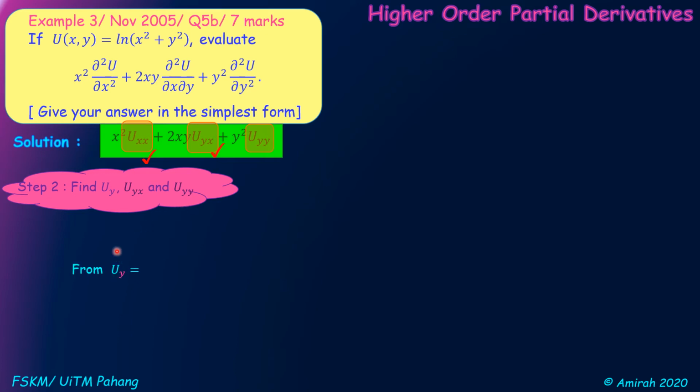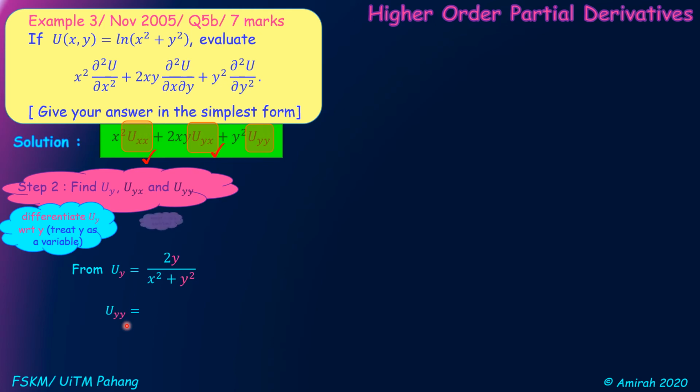From the previous slide, uy equals 2y over x squared plus y squared. uyy means we differentiate uy with respect to y. We treat y as a variable, and at the same time we treat x as a constant.